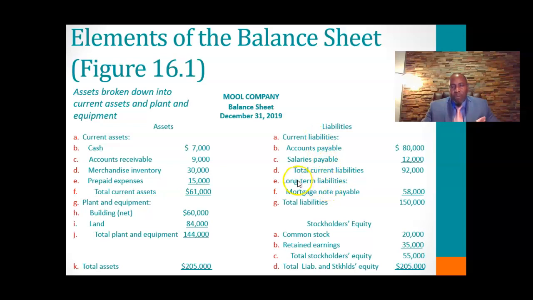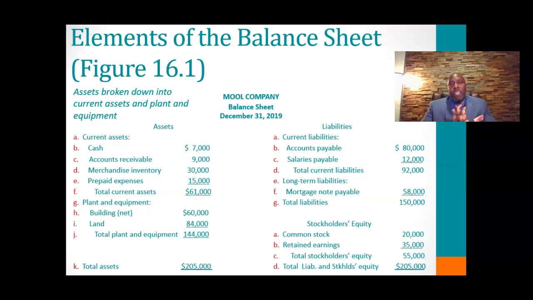If the debt becomes due in a time period longer than 1 year from the balance sheet date, that is known as a long-term liability. So we have total current liabilities and total long-term liabilities, which we add together to get total liabilities of $150,000. Then the next section is known as the stockholders' equity section.